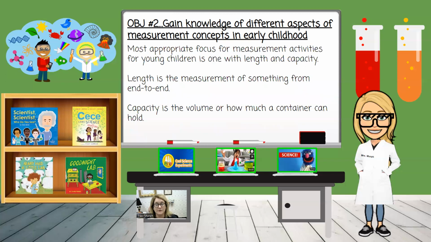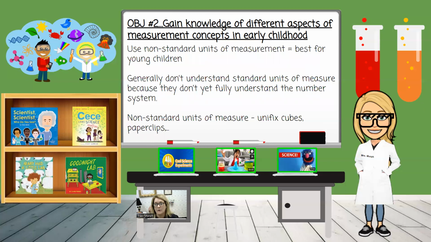For young children, the most appropriate focus for measurement activities is one with length and capacity. Length is the measurement of something from end to end, and capacity is the volume, or how much a container can hold. With young children, it is often best to use non-standard units of measure.